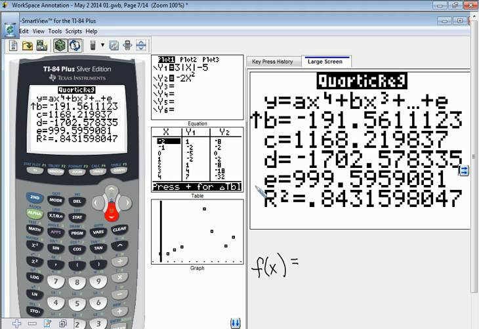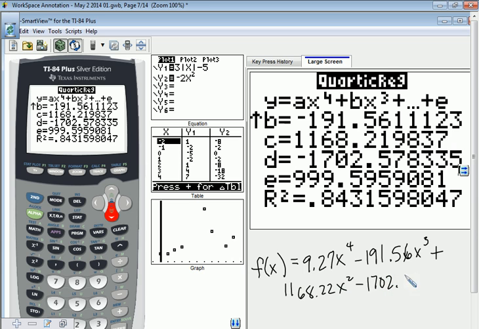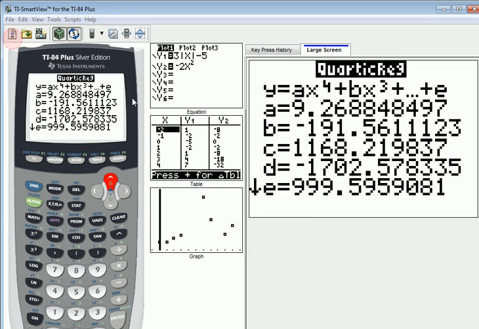So we would say, and it would round to 9.27, x to the fourth minus 191.56, x cubed plus 1168.22, x squared, and we are just taking the coefficients that they're giving us here and plugging them into the model. And then that would be 999.60. So we can use that model to make predictions. What do we think this starting would be in 10 years from now?